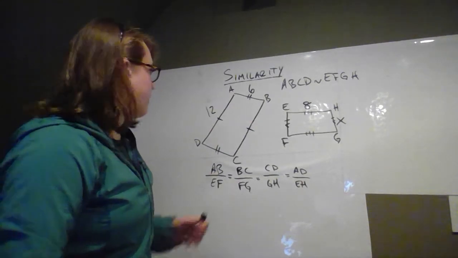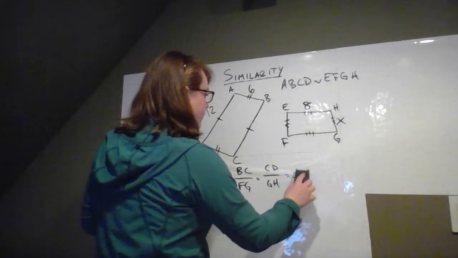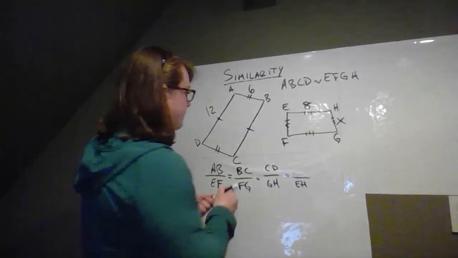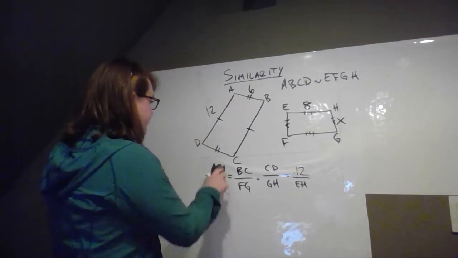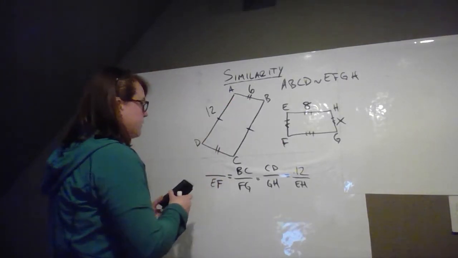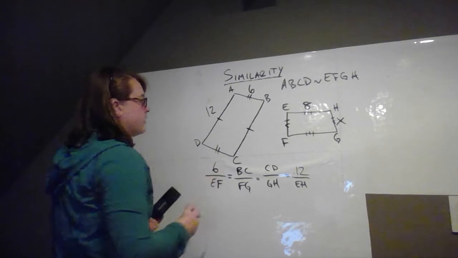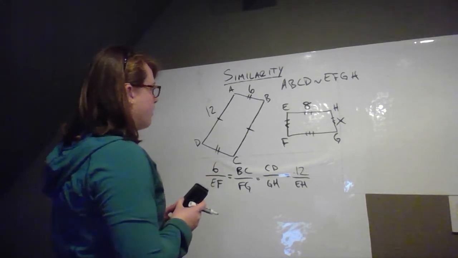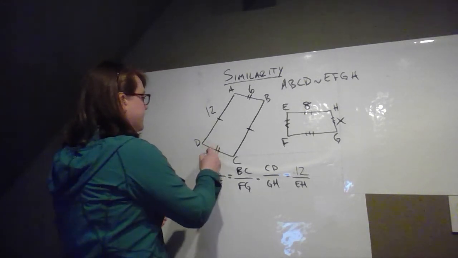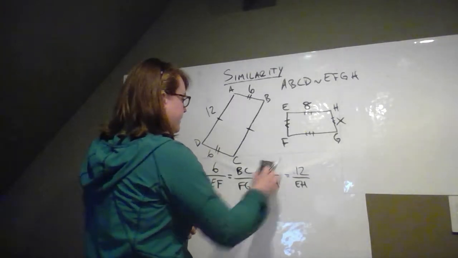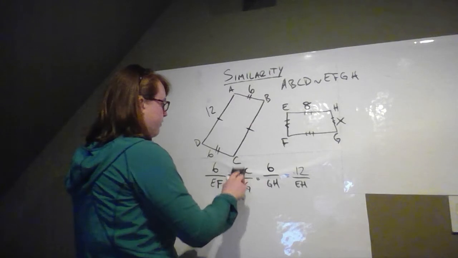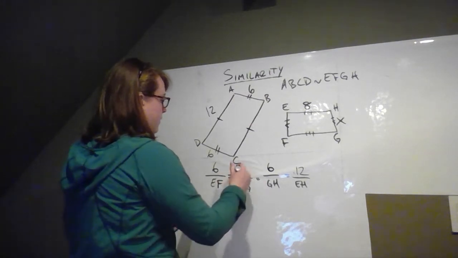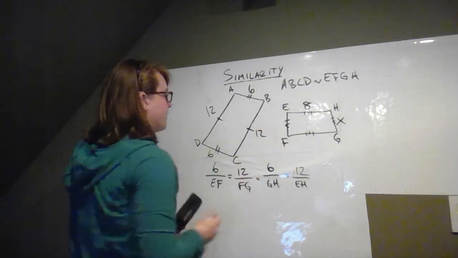So for this particular one, I know AD is 12. I know that AB is 6. And I know that, well, then DC or CD is also 6. I know that BC is also 12, since it's a rectangle.